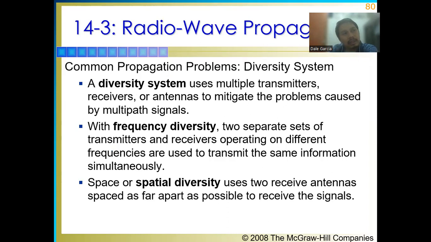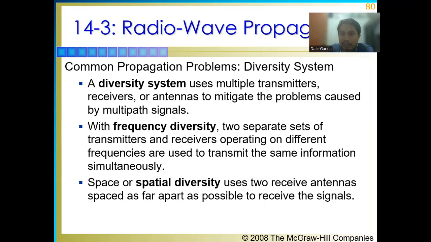Diversity is the situation when we utilize two or more of something. So we have frequency diversity and spatial diversity. For frequency diversity, let's go back to what we learned in Com 9, or Com 8, the multiplexing, frequency division multiplexing.